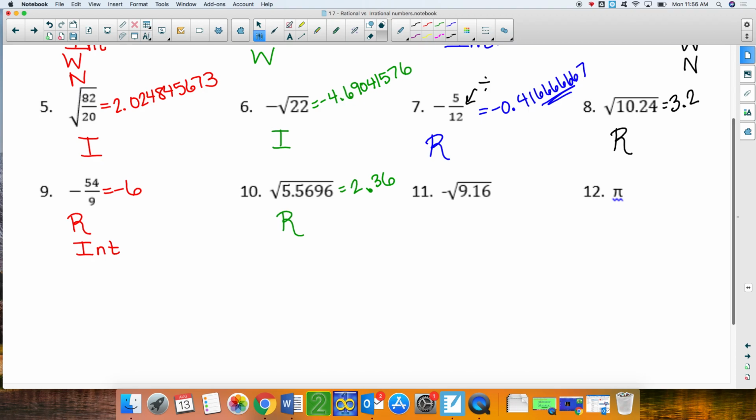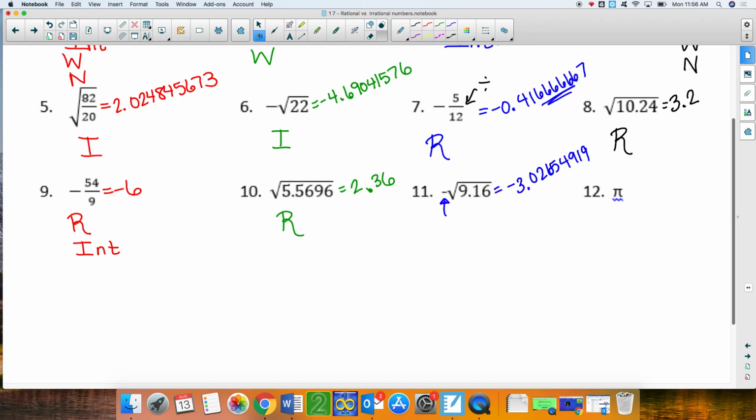Okay, now we're going to plug in negative, and make sure you plug in your negative sign first. Do not plug it in under your square root. So you're going to plug in negative, and then the square root of 9.16. And this gives us negative 3.02654919.